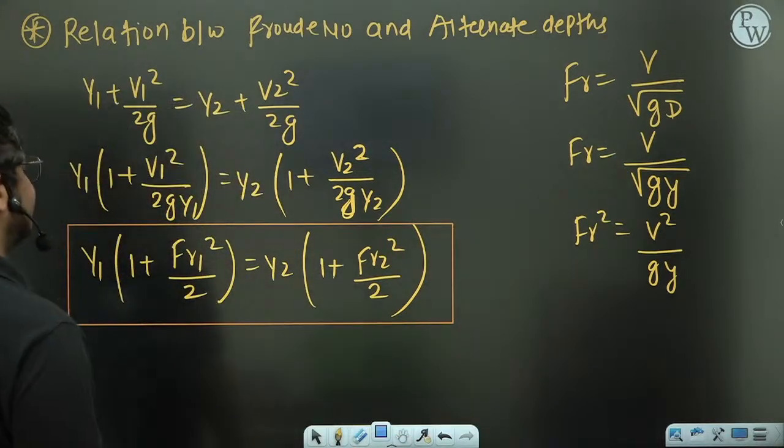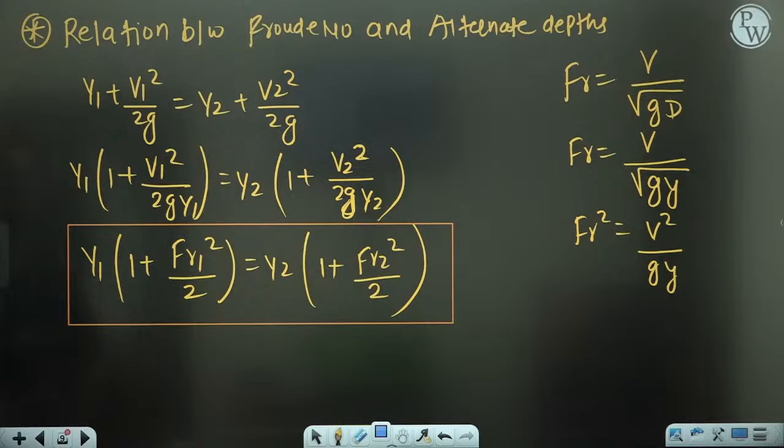So this is the final thing: y1 times 1 plus Fr1 squared divided by 2 is equal to y2 times 1 plus Fr2 squared by 2. I hope it is clear to all of you.